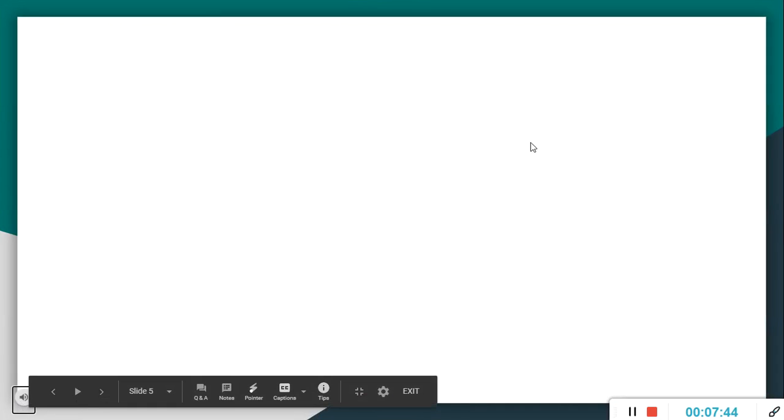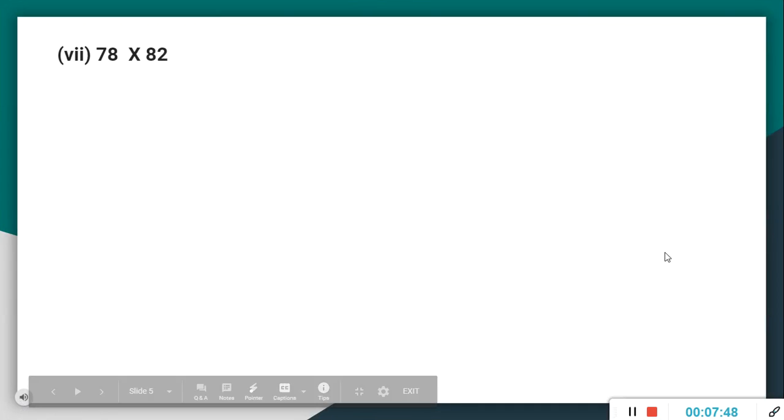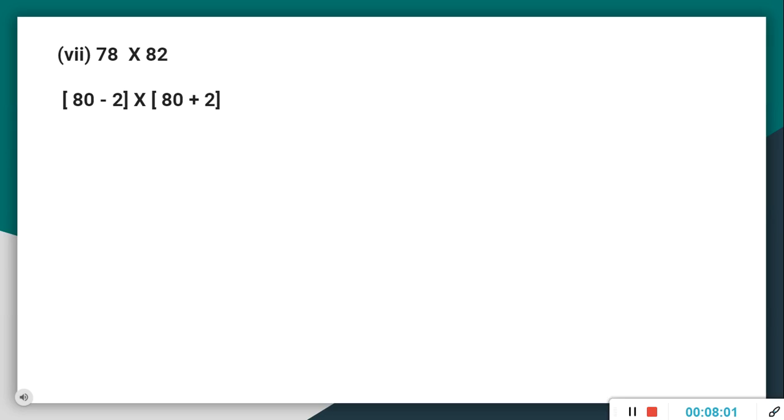Now, question number 7: 78 into 82. So the nearest zero-digit number of 78 and 82 is 80, right? So 78 can be written as 80 minus 2. Same way 82 can be written as 80 plus 2. So here we got a and b. How? (80 minus 2) into (80 plus 2) means (a minus b) into (a plus b) is equal to a square minus b square. So we can use here our third identity.